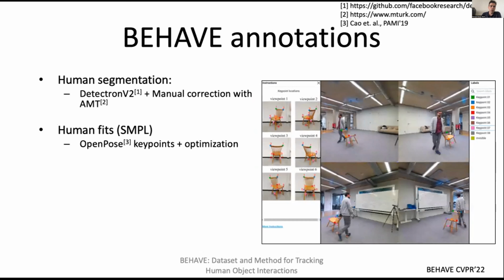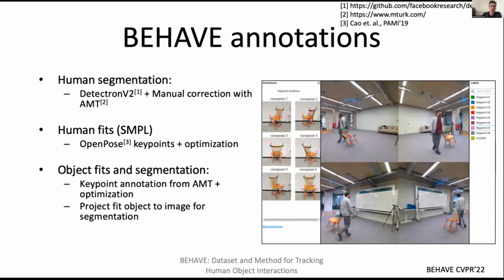We also fit the SMPL model. The SMPL model is a parametric model of how humans look. So we optimize a SMPL model to fit the 2D detections in the images. And we additionally annotate key points on the object such that the object pose is accurate.